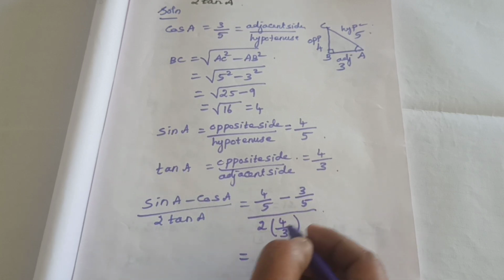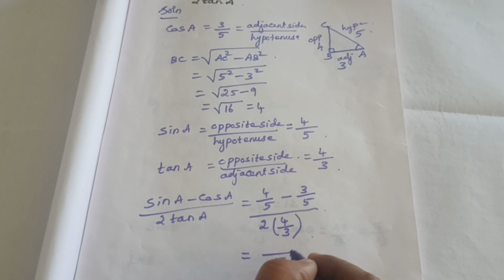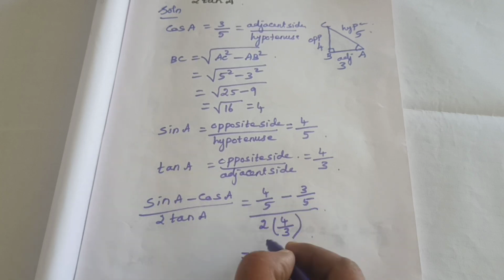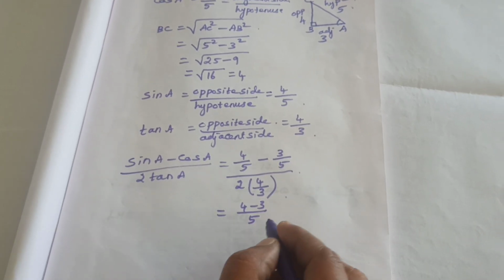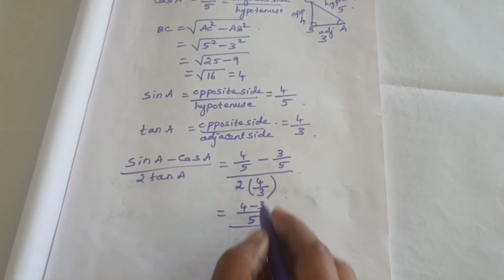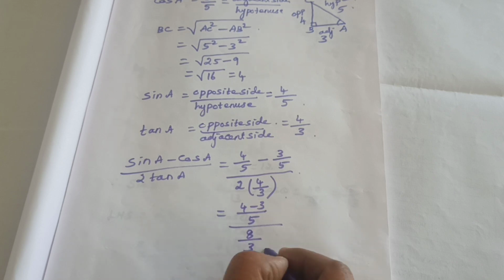Then here what's the LCM? 5 is the LCM. Then 4 minus 3, divided by this to multiply, 8 divided by 3, isn't it?